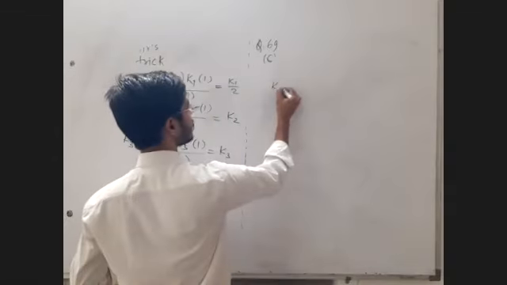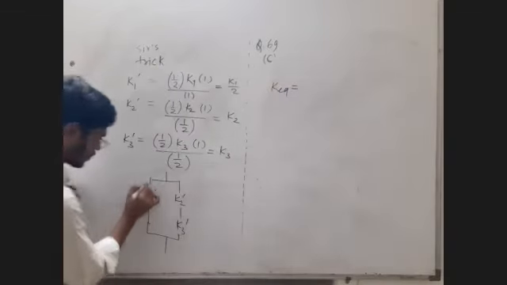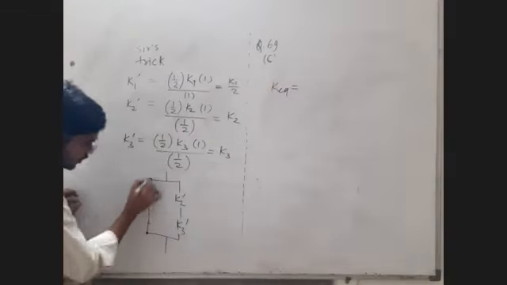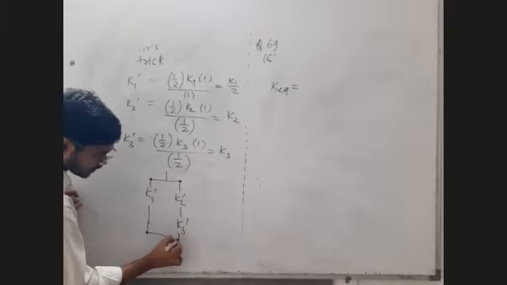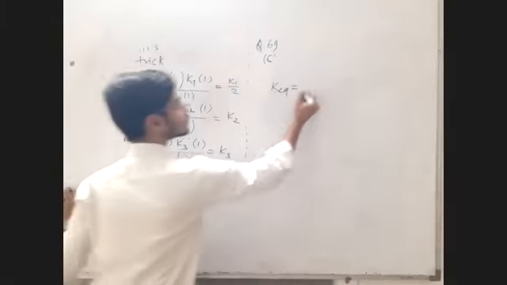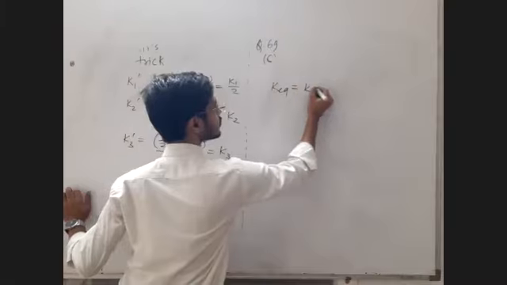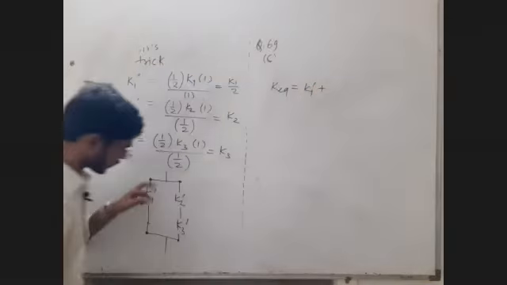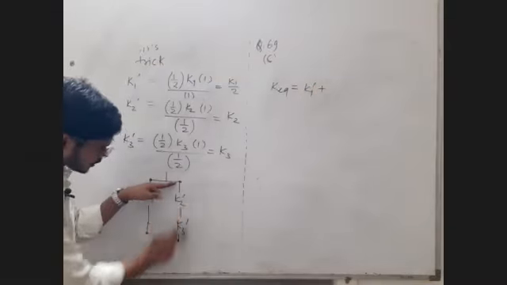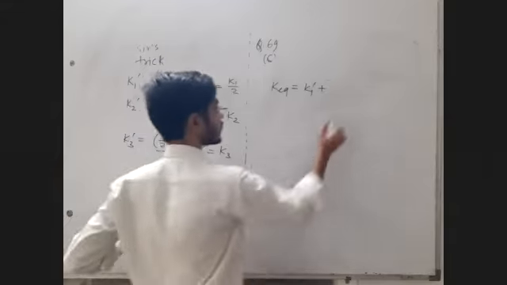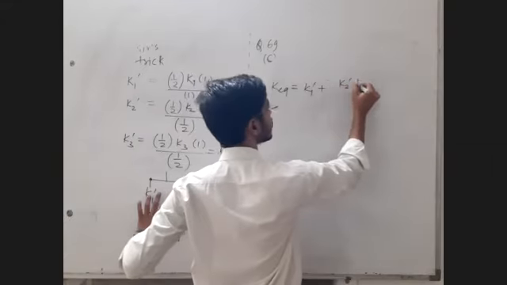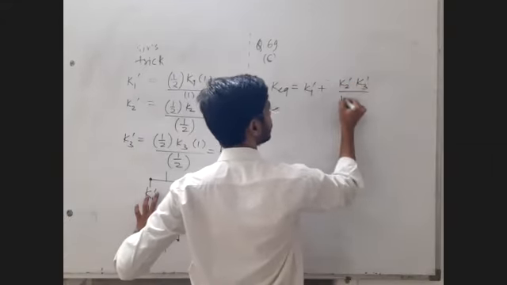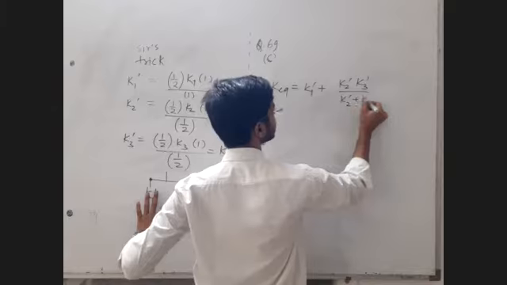So K equivalent is equal to this branch, which is parallel to this branch. So addition. K1 dash plus the equivalent of these two. What is the equivalent of these two? It is K2 dash K3 dash upon K2 dash plus K3 dash.